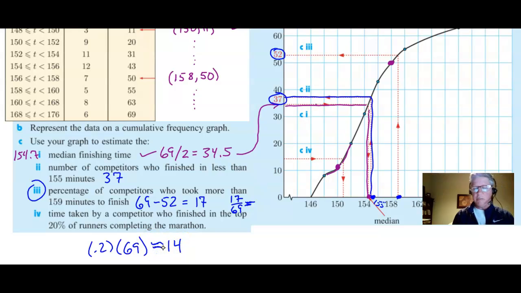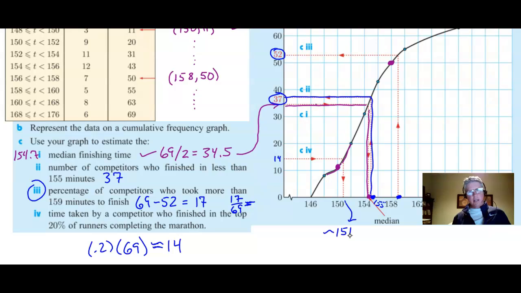I think it's 13.7, but we'll say 14. So we go to 14 and we move down and we find out that it is around 151. So the time taken by a competitor who finished in the top 20% is less than 151 minutes, which means you're in the top 14 people.